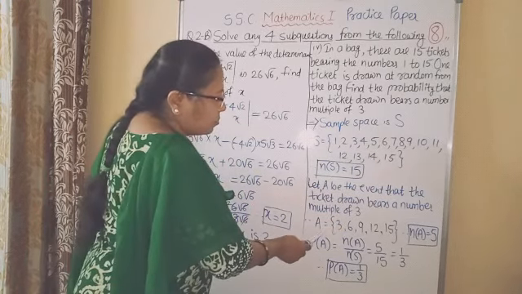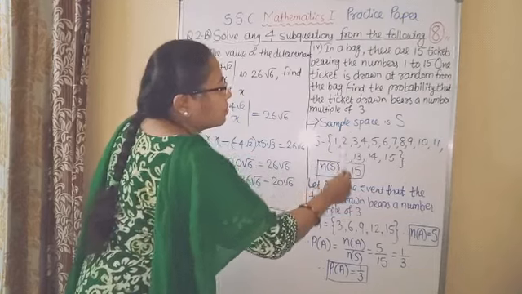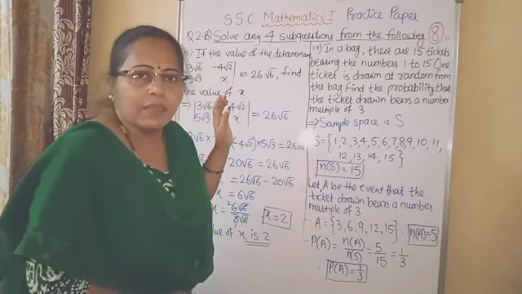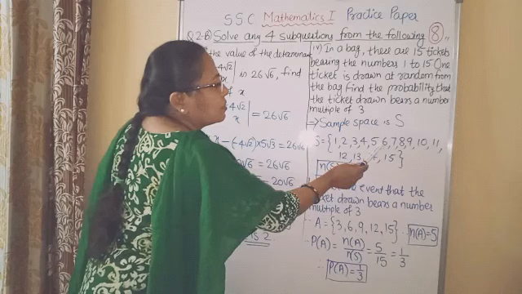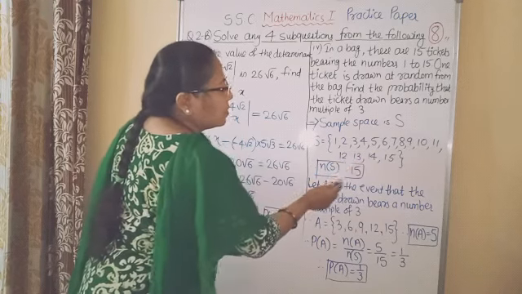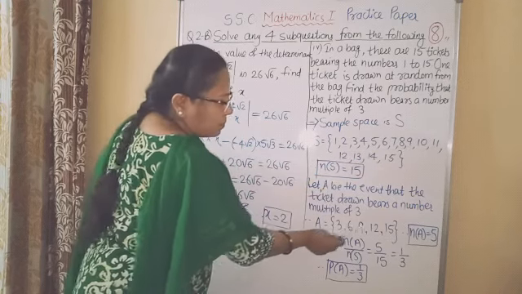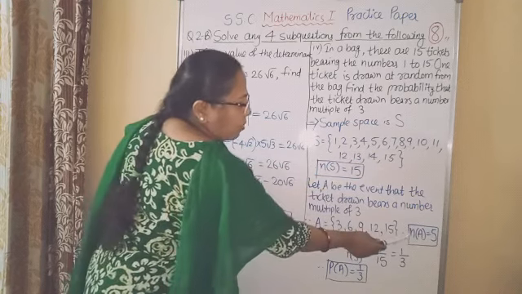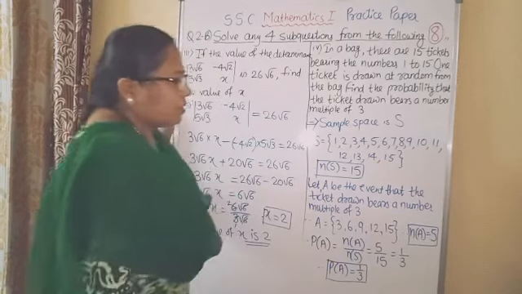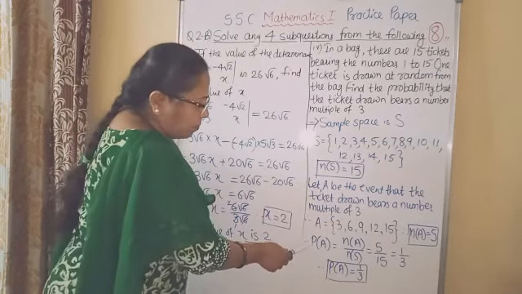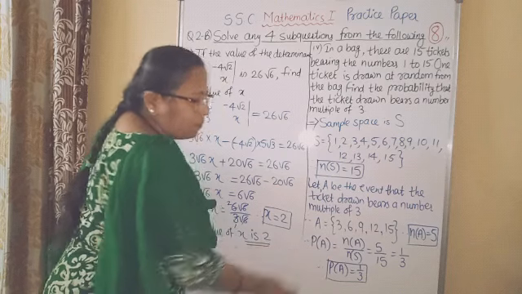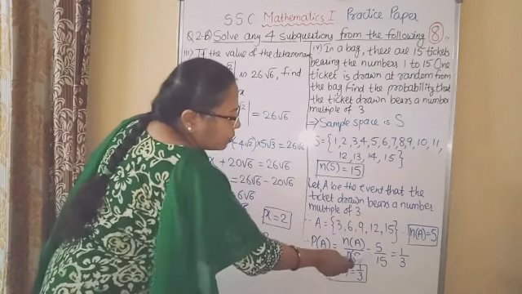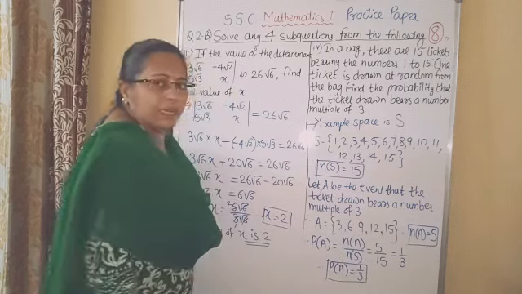Now assume an event. Let A be the event that the ticket drawn bears a number that is a multiple of 3. So the same statement is written here. Therefore A is equal to, now from these numbers, which numbers are multiples of 3? You have to write the table of 3: 3, 6, 9, 12 and 15. So there are 5 numbers, so n of A is equal to 5. We have to find the probability, so P of A: write the formula first, n of A upon n of S. Put values, 5 upon 15.